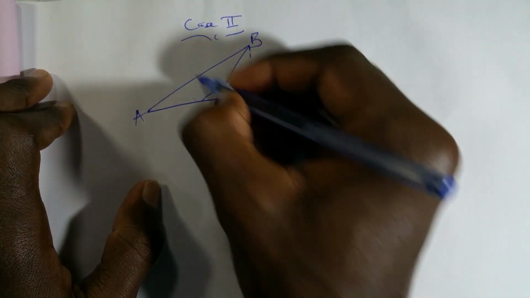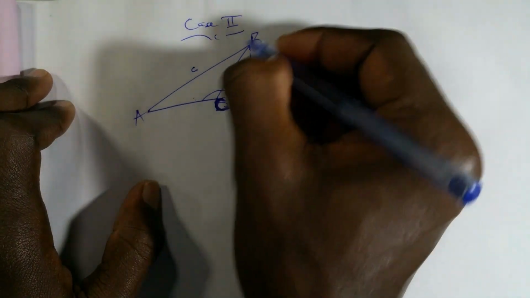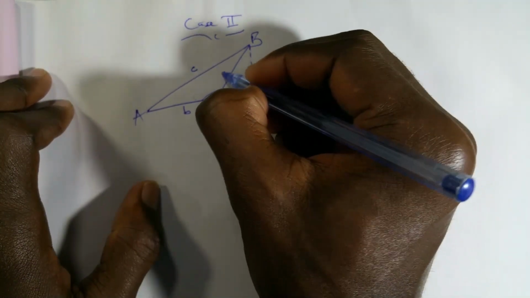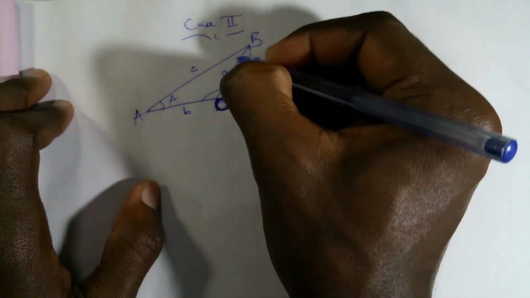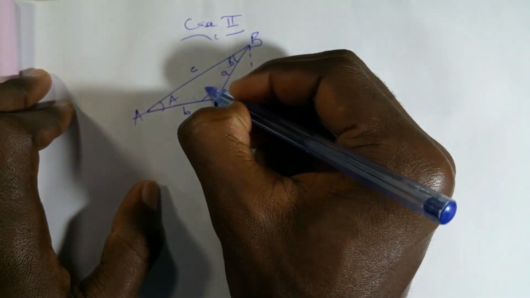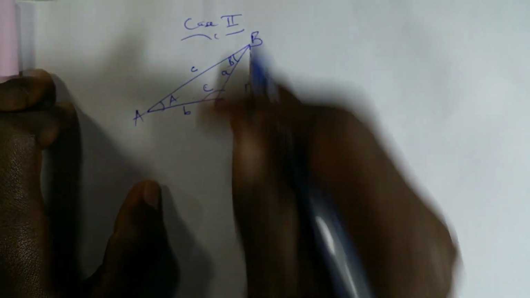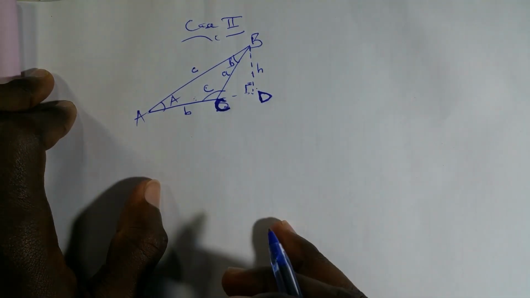So this one we put side c, that one we put side b, then side a here. Remember this angle A, this angle B, and this angle C. Then here we give the height of the perpendicular we have formed to be h.